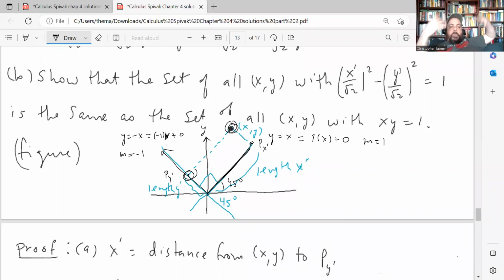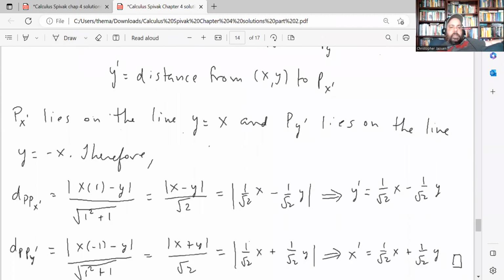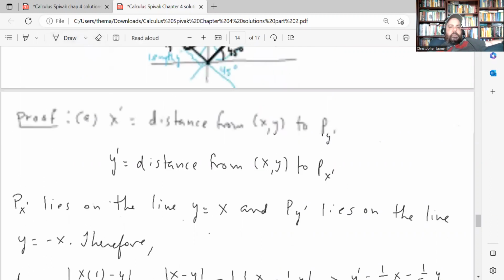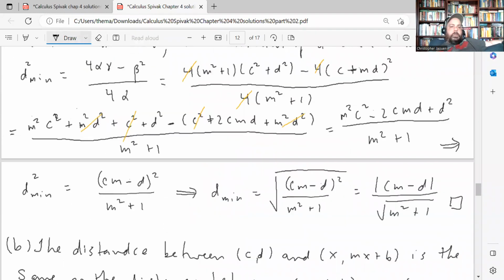So using the formula from question 22, part A, we just plug in the values and we get what we want. Let me just remind you, we're using this formula here. That's the formula that they're talking about.